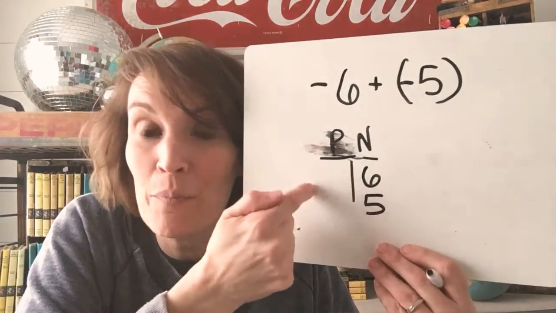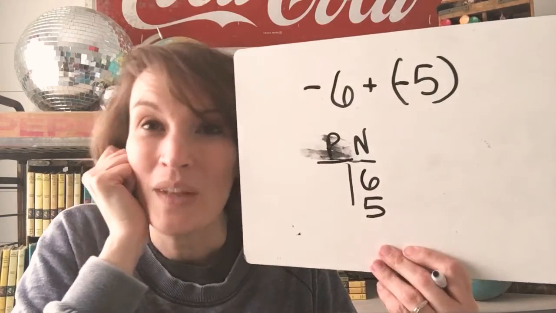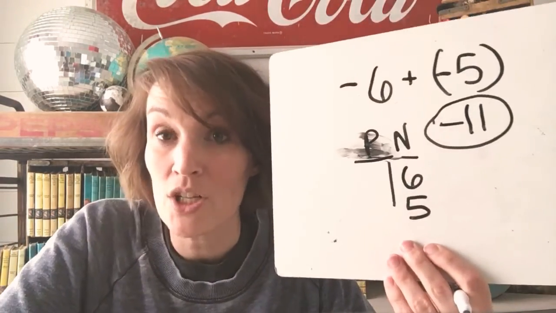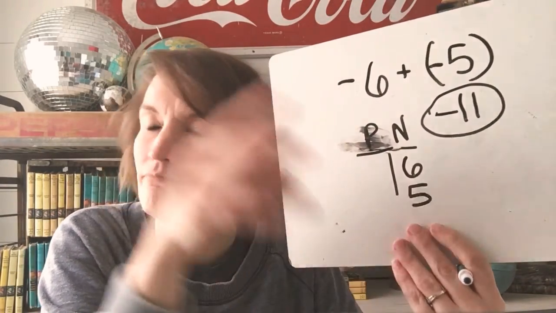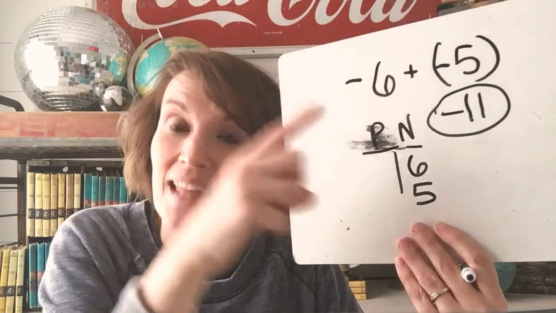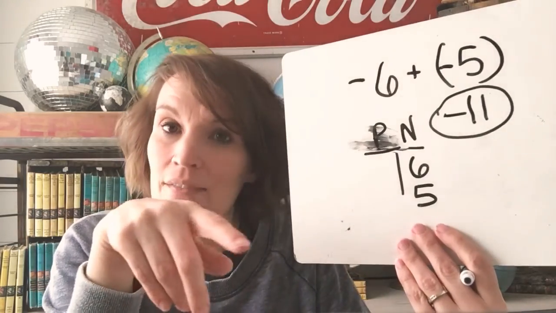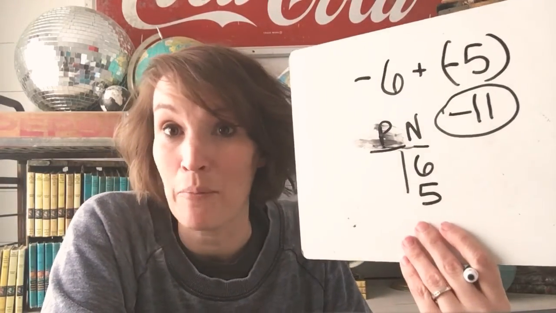The positives never put anything on the board. So in the end, who's the winner? The negatives win, and they win by 11. If you were going to use the penny and nickel method, you would put 11 nickels out, because N is for negative, and you wouldn't even put pennies on the game board.